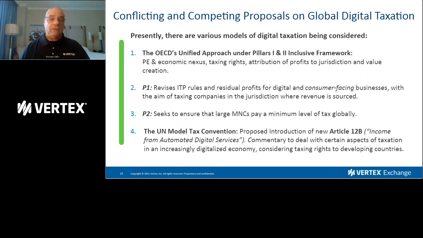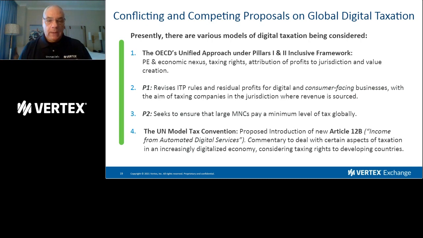Japan is part of the OECD, Korea, et cetera. So the problem is that the UN model tries to protect more developing countries and underdeveloped nations to make sure that they are beneficiaries of these global frameworks.